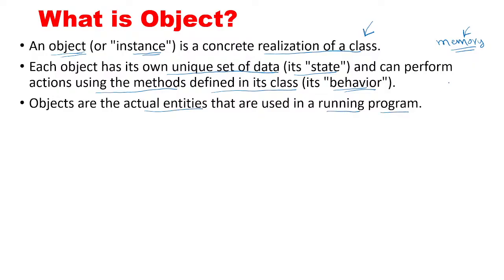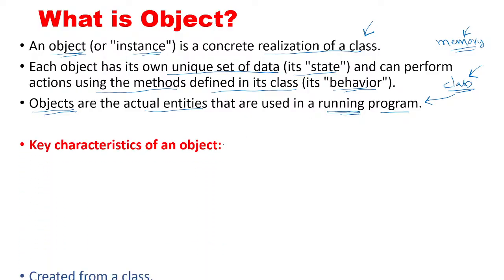Okay, so the class we use only for creating the objects. But the actual entities by which we perform actions or tasks in programming are objects only. For creating these objects, we define the class.